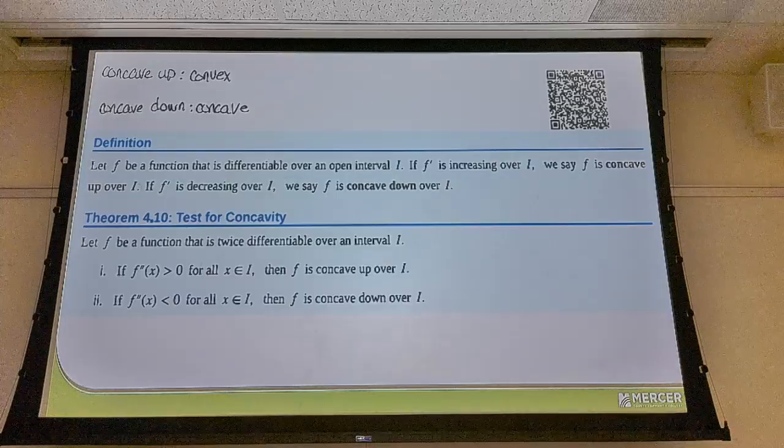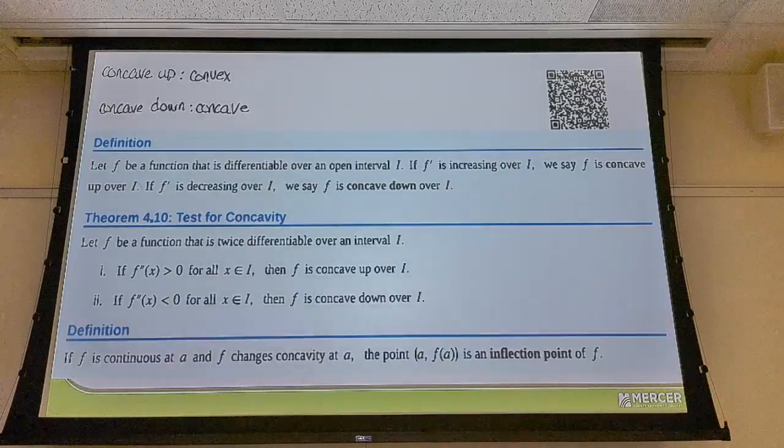Points at which the concavity changes are called an inflection point, or a point of inflection. Right? You probably briefly, I mean very briefly, discussed concavity in pre-calc.